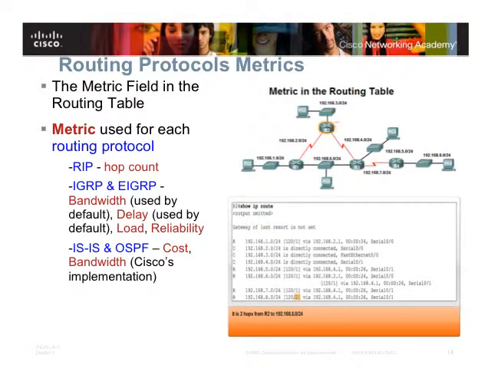Okay? So from R2 to reach network 192.168.1.0, which is the first entry, it needs to go one hop, and the next hop is address 192.168.2.0, which is in this direction.